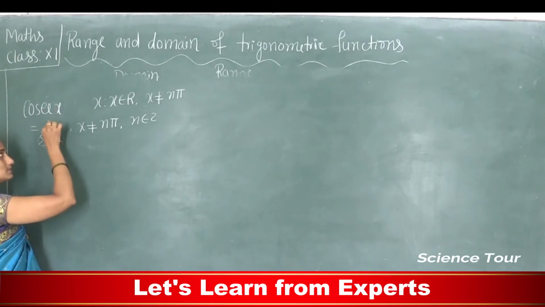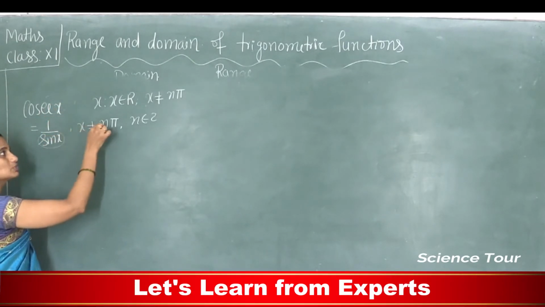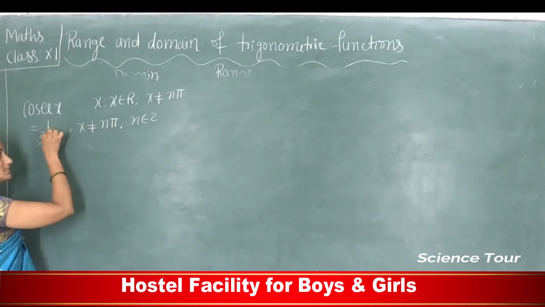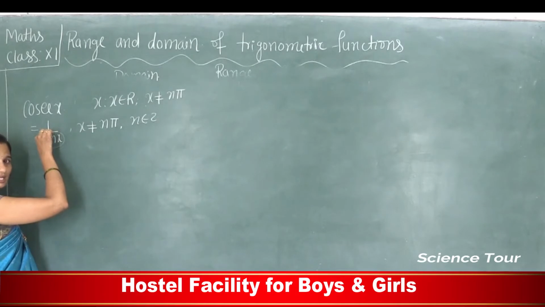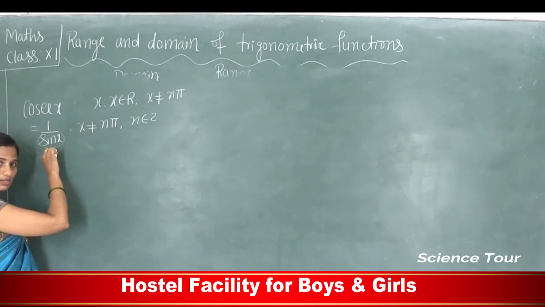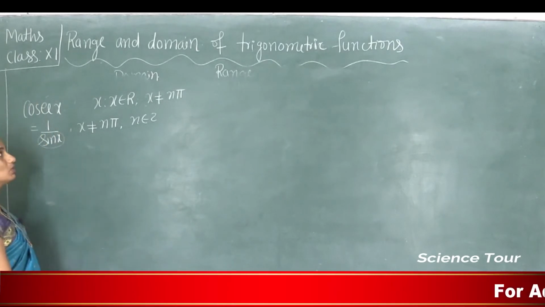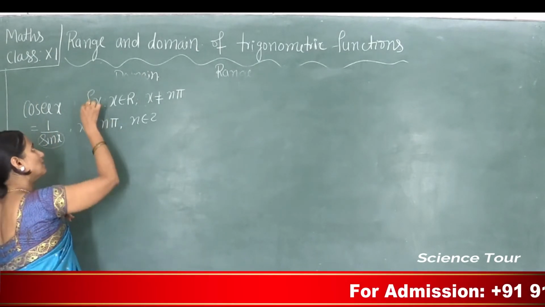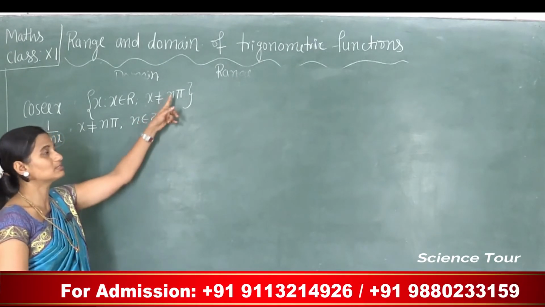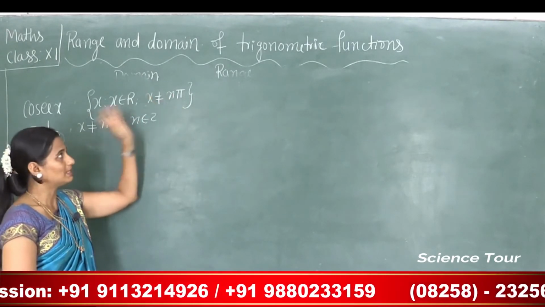Cosecant x is 1 by sin x, where x is not equal to n pi, which means at this point the function is not defined. I already explained in the previous class how it is defined and how it is not defined. So the domain is the set of all real numbers, but at some points it is not defined. Clear? That is the domain.